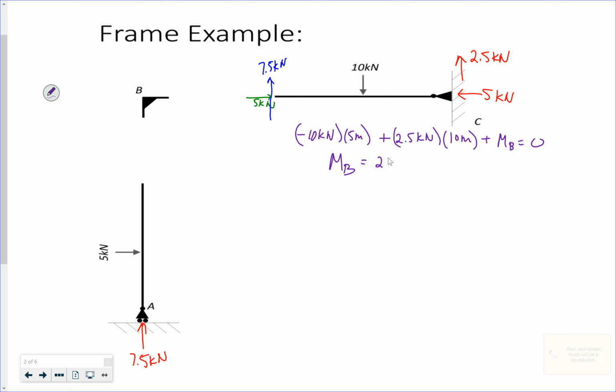So it's 25 kilonewton meters, and it's acting counterclockwise.